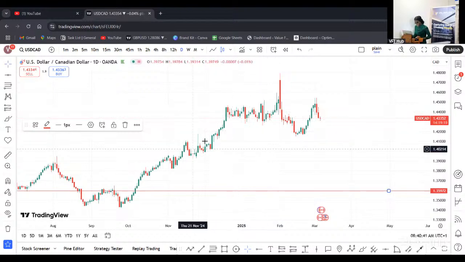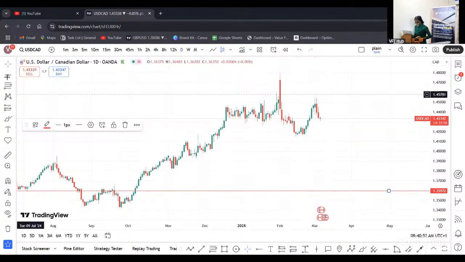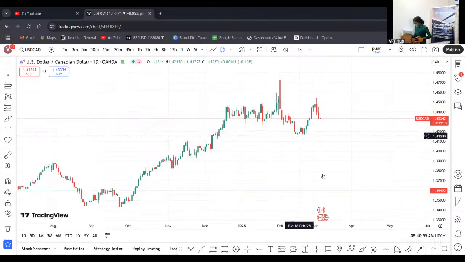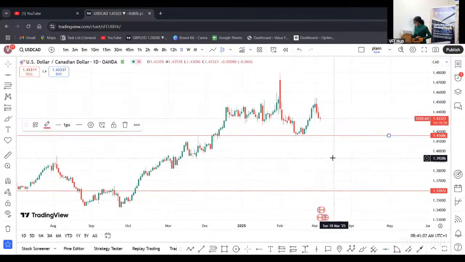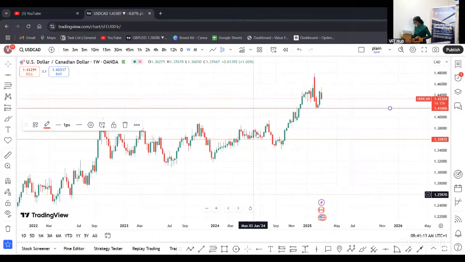Of course, we're willing to catch the retracement all the way to 1.35972. Once I see a break of this low, beg your pardon, once I see a break of this low at 1.41606 and I see price retracing, I will be catching the retracement all the way to the weekly left shoulder residing right here.